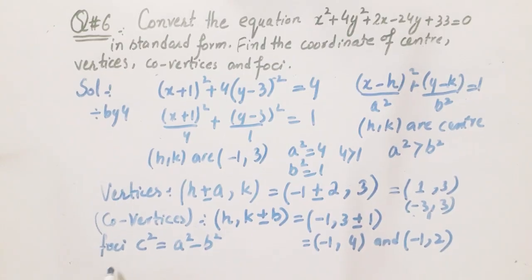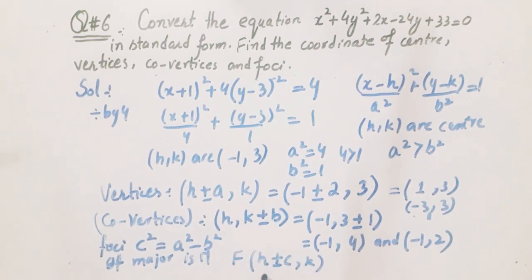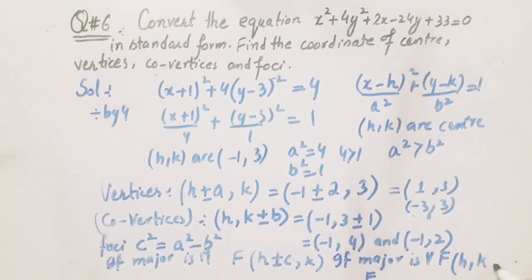So if the major axis is horizontal, then your foci will be (h plus minus c, k). And if the major axis is vertical, then your foci will be (h, k plus minus c). Now we have the major axis horizontal, so we will use the first condition for the foci.